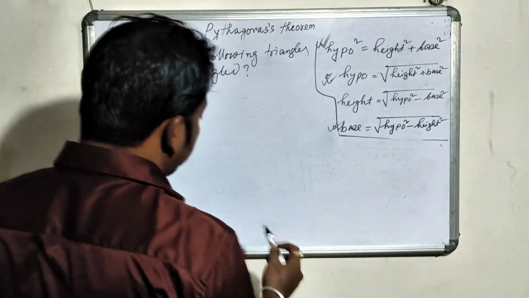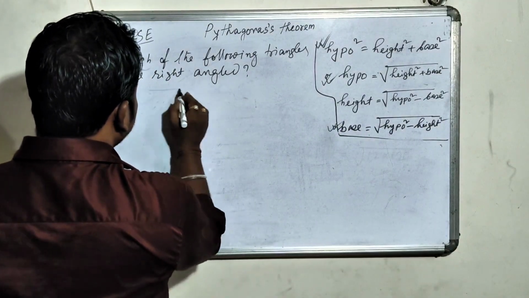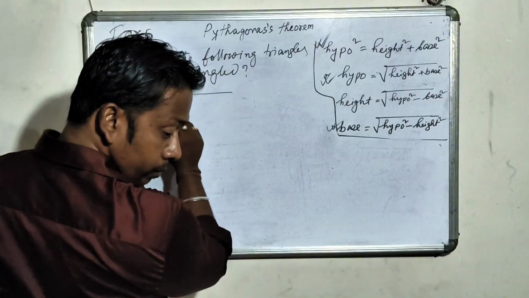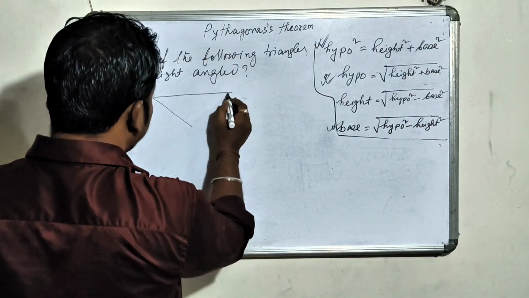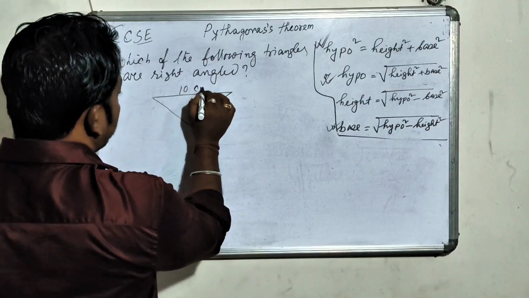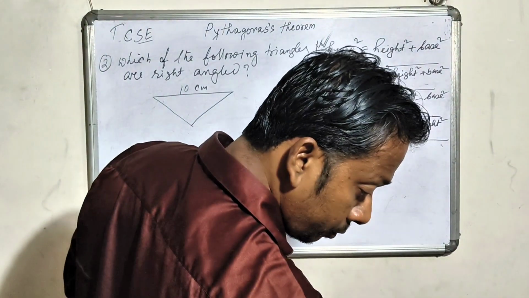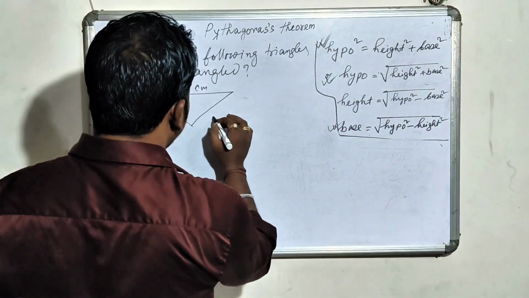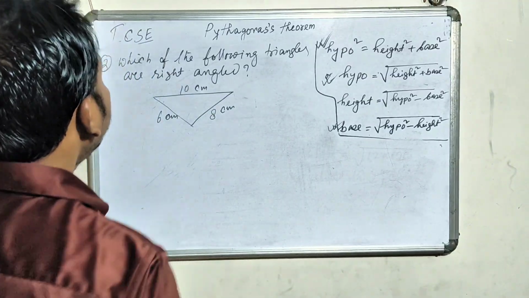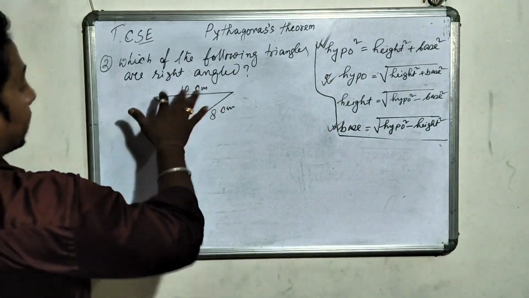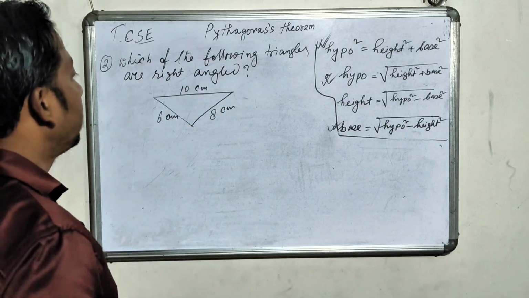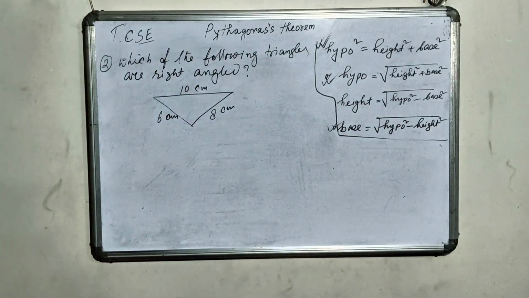10, 8, 6. The picture is given. 10 centimeter, 8 centimeter, 6 centimeter. Here, the bigger side is 10 centimeter. We can assume that this side may be the hypotenuse.